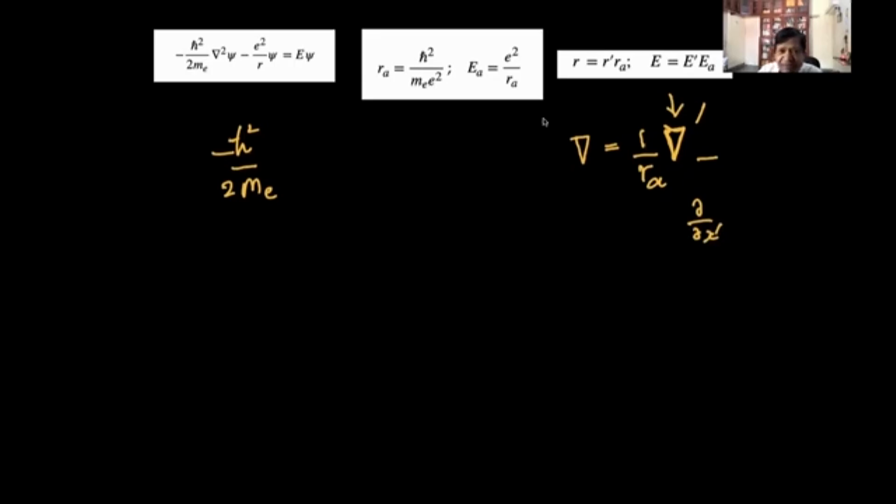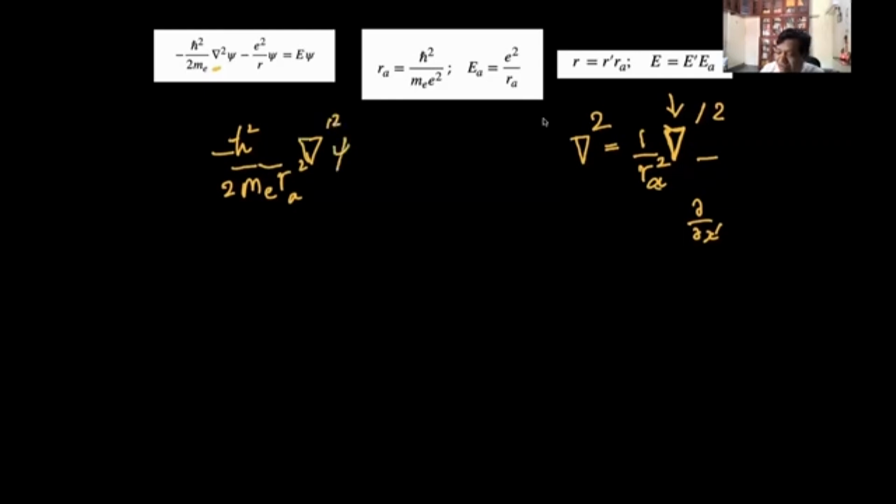Is that clear to everyone? If I want the second derivative, then I need to do it here, here, and here. I presume it's clear to everyone. Because I want this Laplacian prime to be dimensionless, I need to divide by R_A squared. So for this term, 1 by R_A squared will come, times Laplacian prime squared psi.